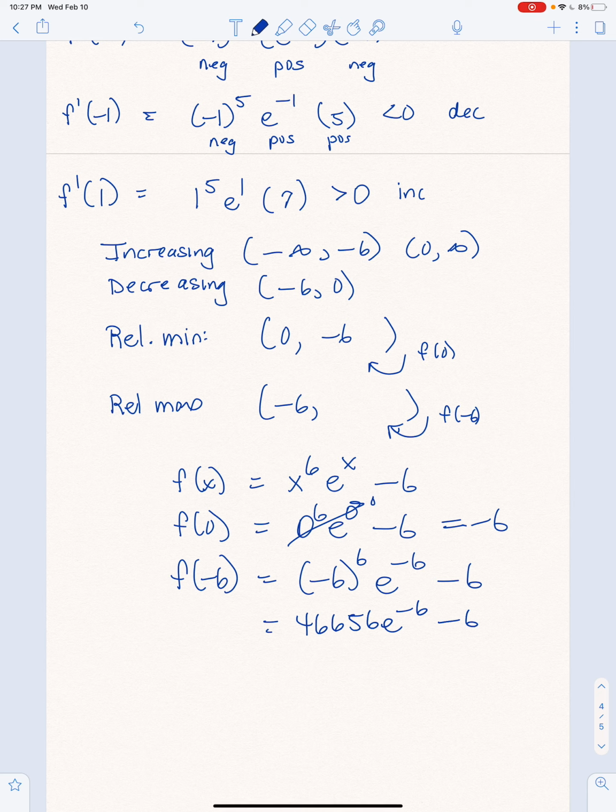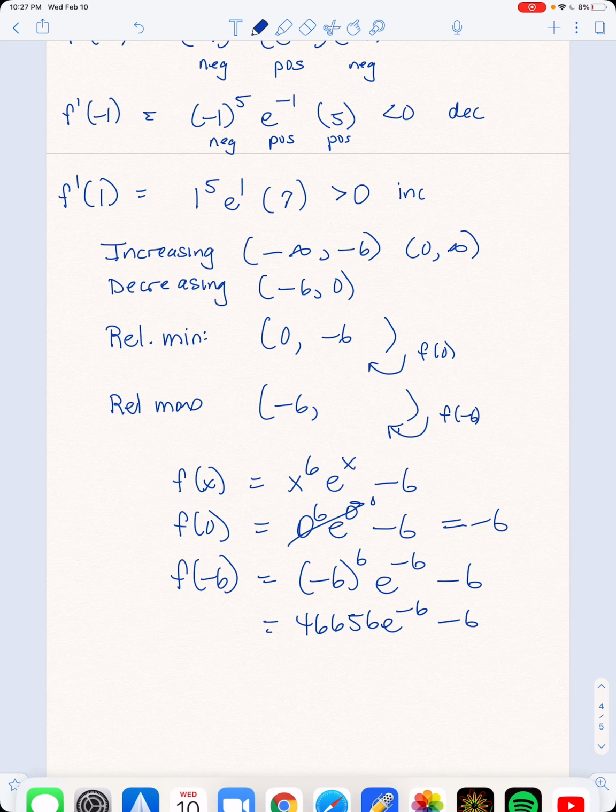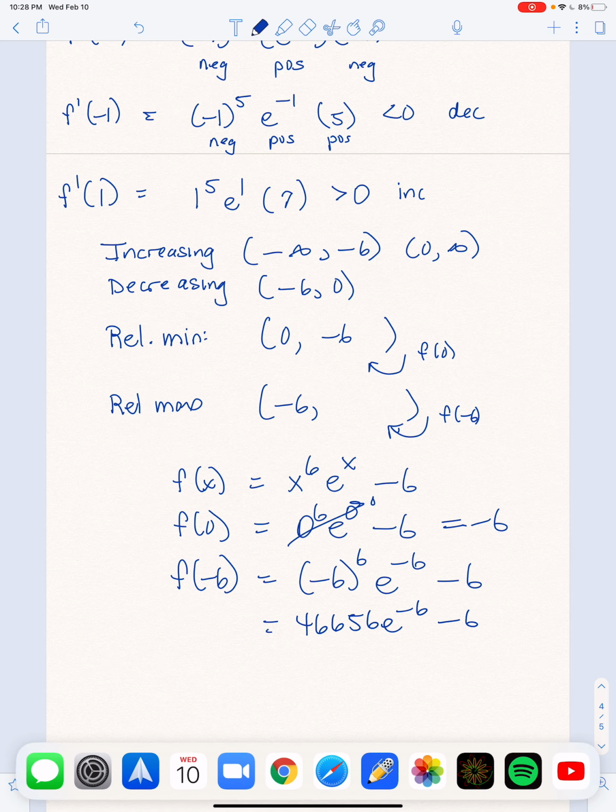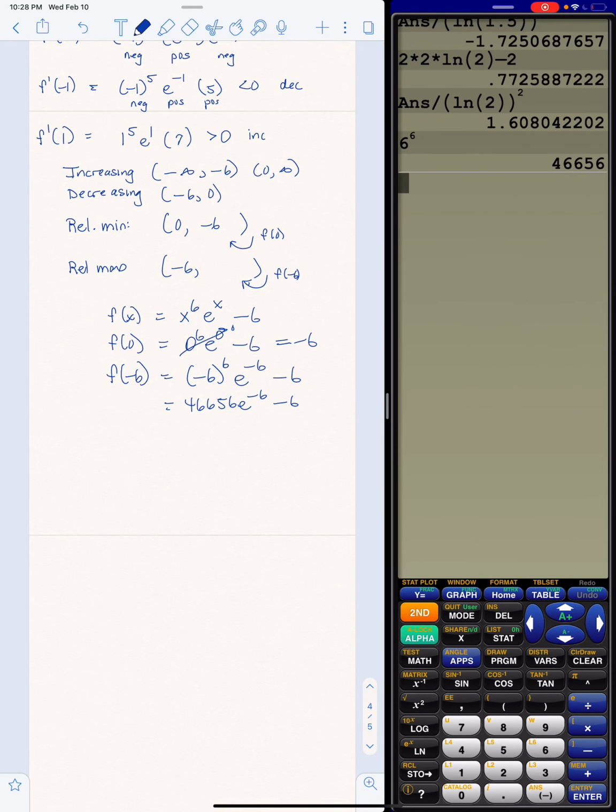And you can approximate that to your heart's content, I'm sure, depending on what the directions are to the problem. So this means that we have negative 6 comma. Let's figure out what that is. So we have that times e to the negative 6. Whoops, didn't put the 6 in there.